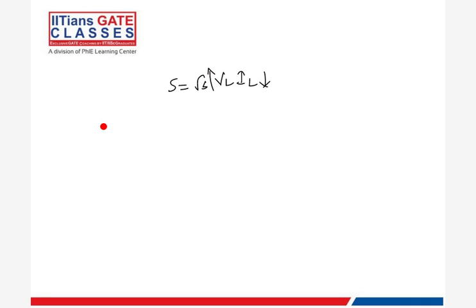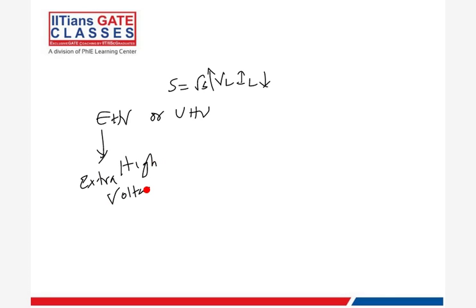That is where we ditch HV and go for EHV or UHV, where EHV is extra high voltage and UHV is ultra high voltage, right?